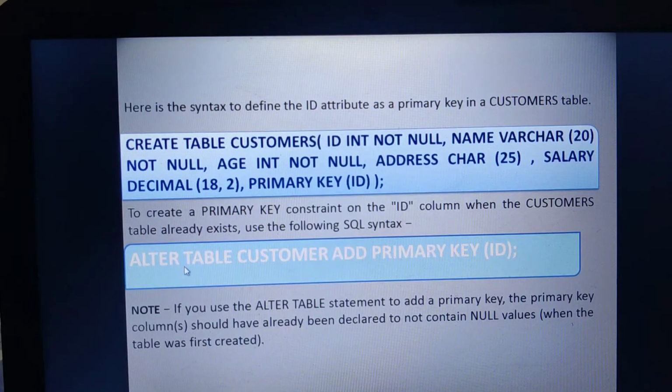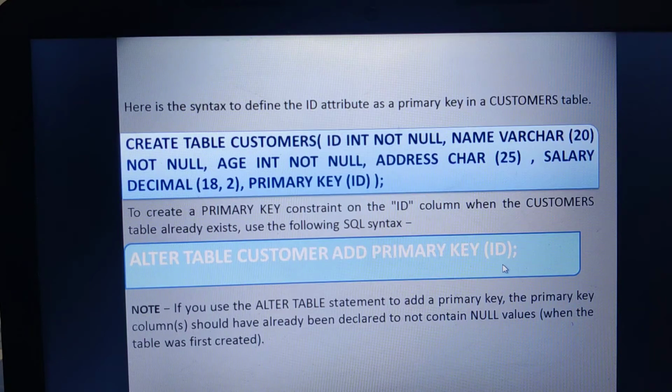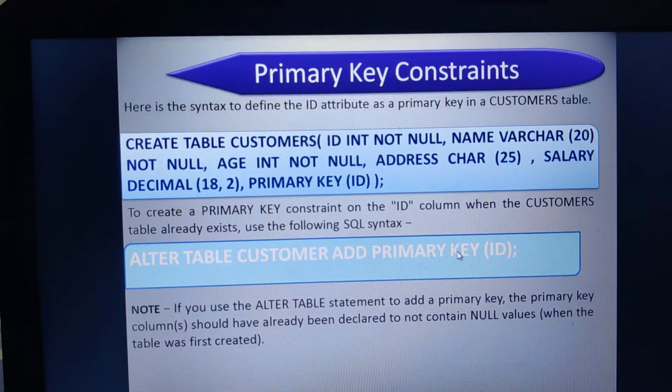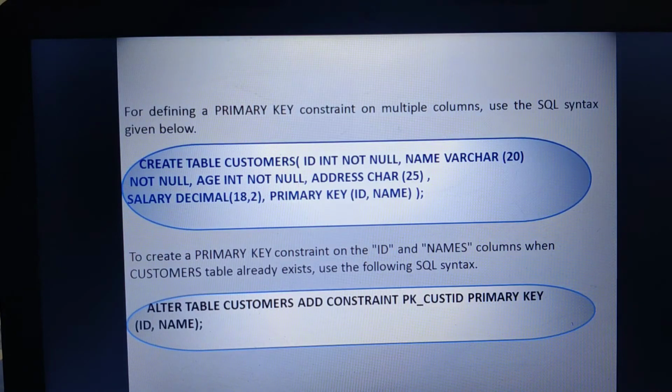Suppose with a different alter command, if I want to add the primary key constraint: alter table customer, add primary key of ID. As I was telling in my previous example, constraint and constraint name is again optional here also. Now let us look at how we can define the primary key on multiple columns. The same example you can consider.